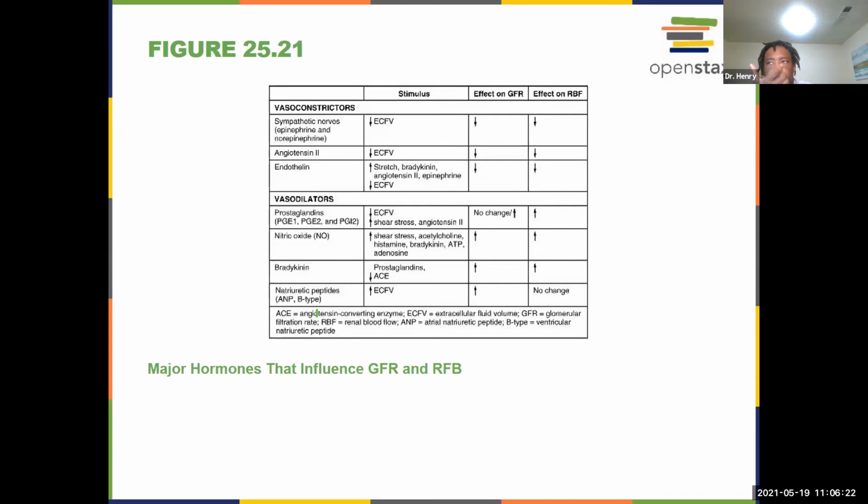But because of that shear stress, you're going to get an increase in your renal blood flow, and you're going to get an increase to no change in your GFR.